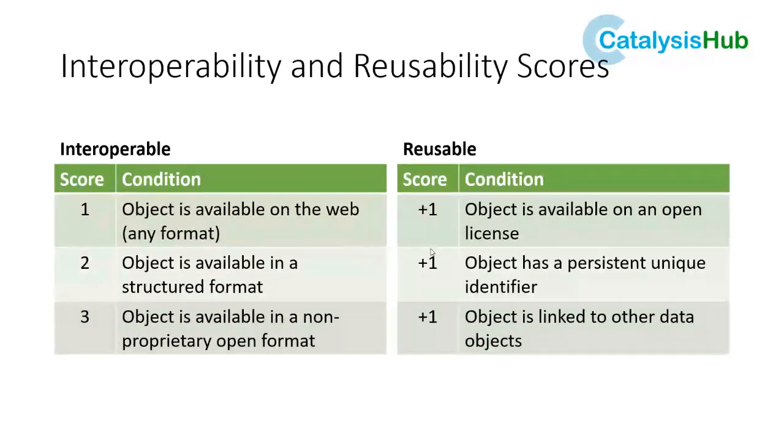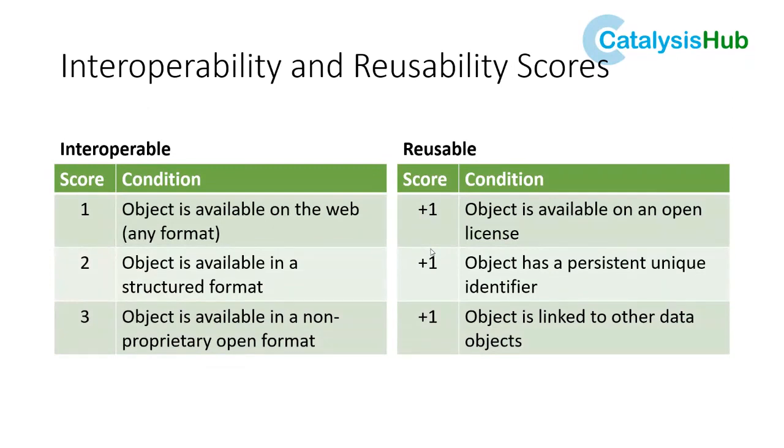These only give 3 points maximum each. The basic score is 1 point if the object is available on the web, independent of the format. 2 points if it is available in a structured format, and 3 points if it's available in a non-proprietary open format. So those are the scores.